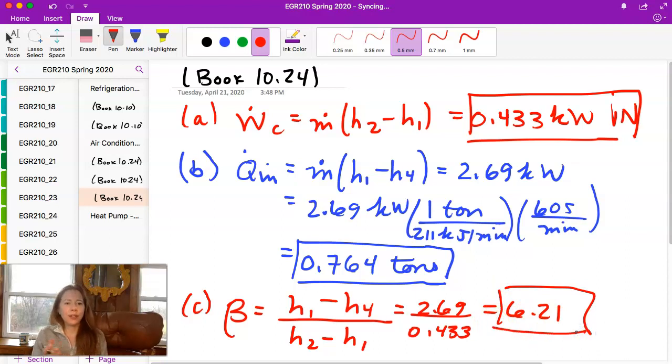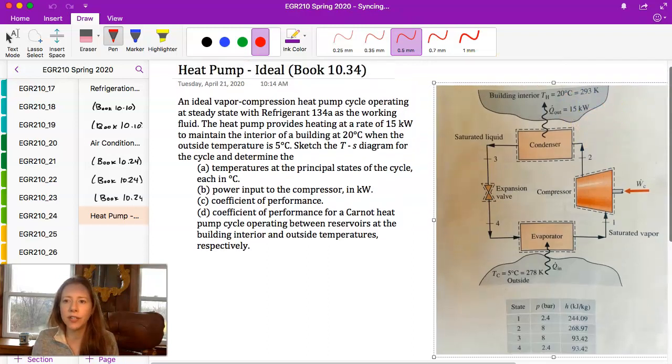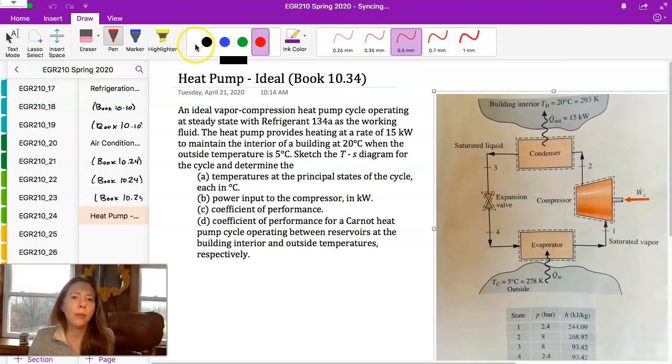All right, so with the last 15 minutes of class or so, let's go through and do a problem dealing with an ideal heat pump. Okay, so remember, a refrigerator is basically a reverse heat pump, is how that operates. So we're going to look at number 10.34 in your text.